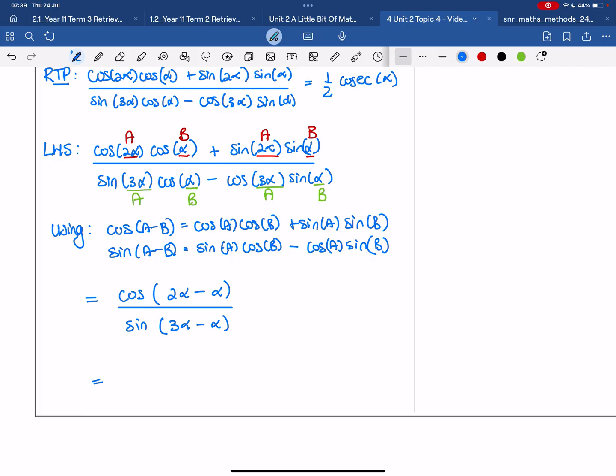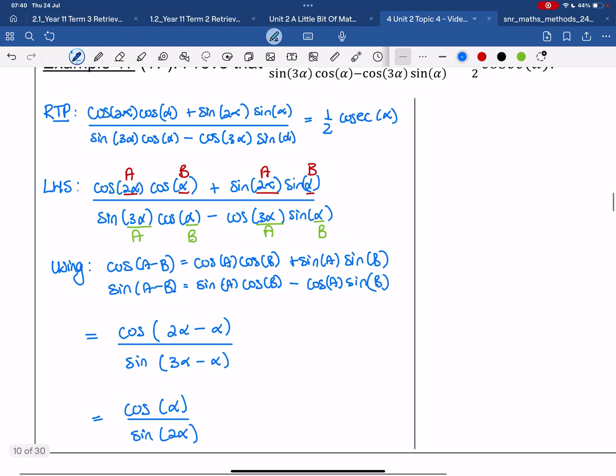And that's going to be cos of alpha over sine of 2 alpha. And I have a look and I see, I'm looking for half cosec alpha. So there's probably something more I need to do.